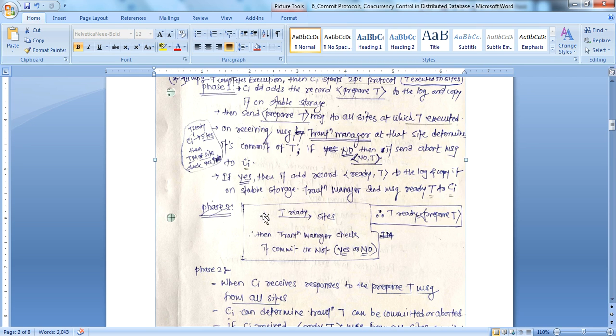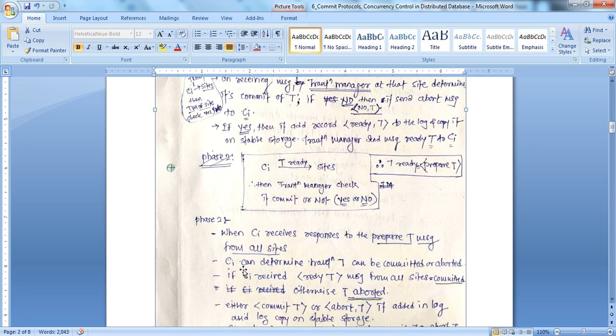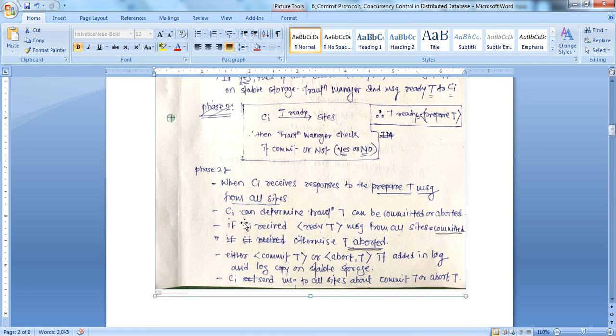Now phase 2. When Ci receives the responses to the prepare T message from all the sites, Ci can determine whether transaction T can be committed or aborted. That means when the sites respond to Ci, it decides whether the transaction is committed or aborted.